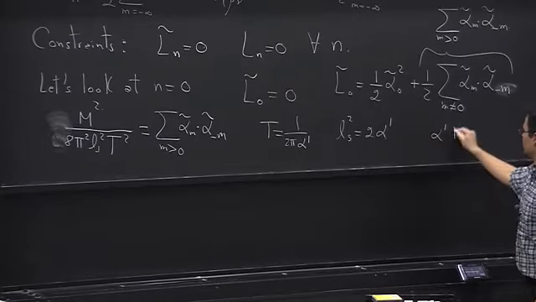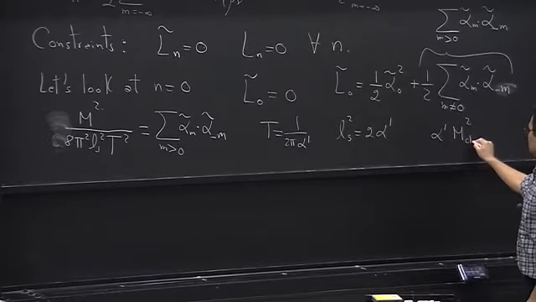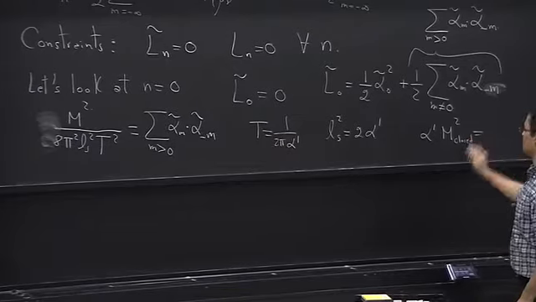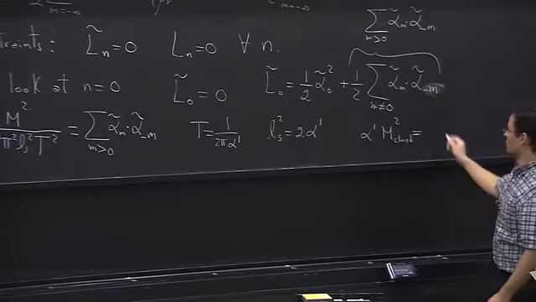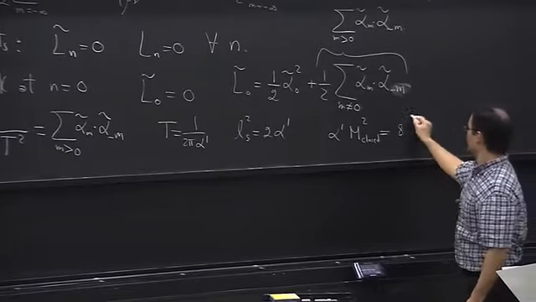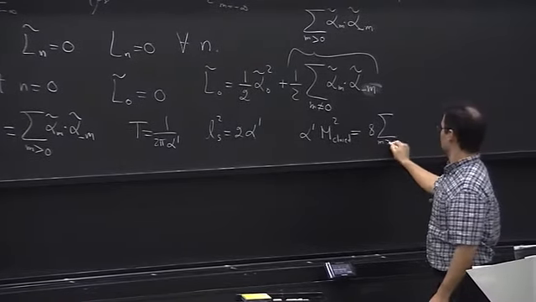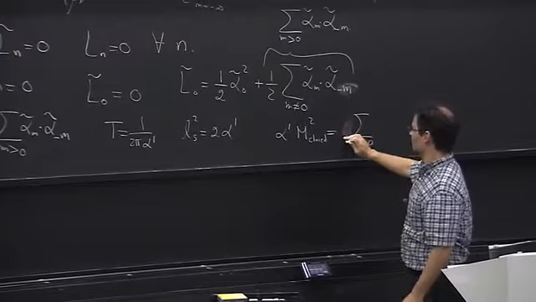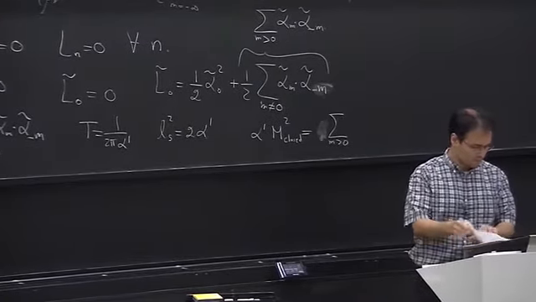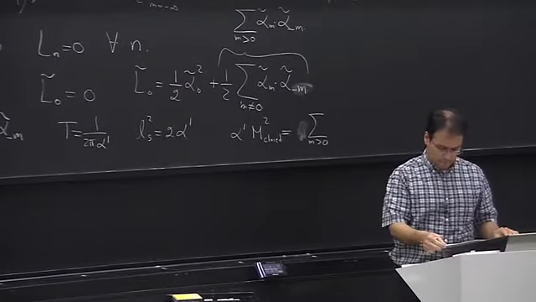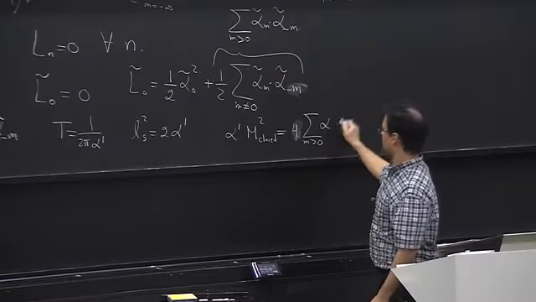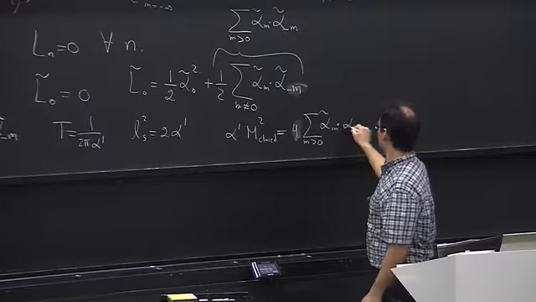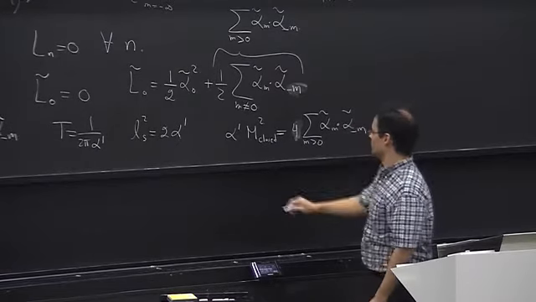We will find that the mass for the closed string is equal to, I think it's actually a 4, 4 alpha m tilde dot alpha tilde minus m. Okay?